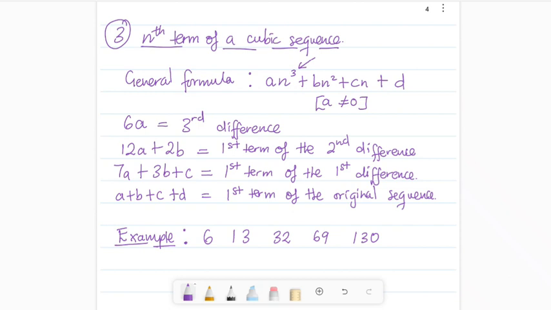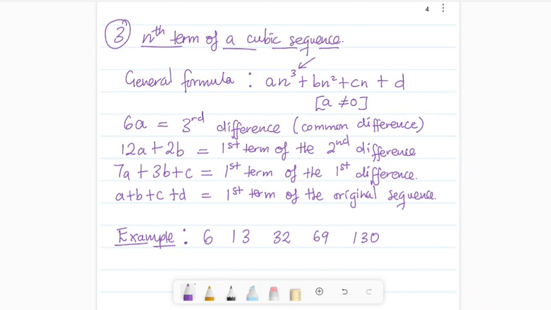So these are the general formulas that we use to find a, b, c, and d. The first one is 6a is equal to the third difference, and the third difference is the one that we call the common difference. And then the second formula is 12a plus 2b is equal to the first term of the second difference.